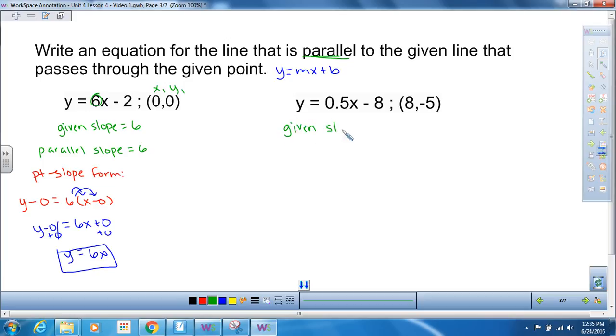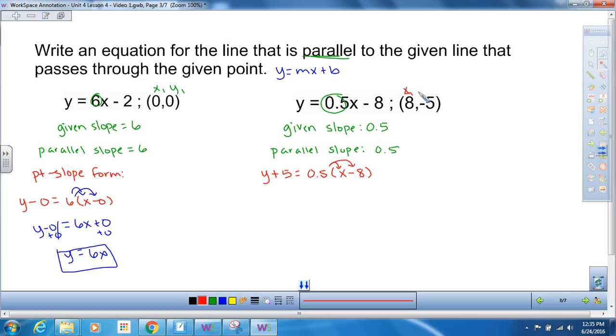Okay, my given slope is 0.5. I don't care about the y-intercept. I do not care about that -8 there. And then my parallel slope is the same, so 0.5. And then I will do point-slope form. So y minus -5 is y plus 5, equals 0.5 times x minus 8.